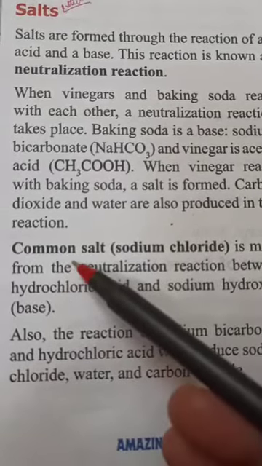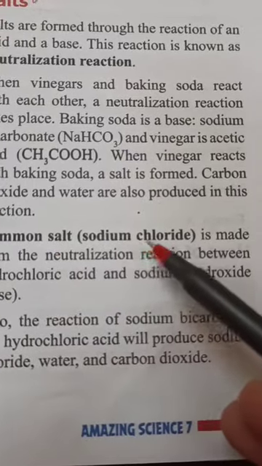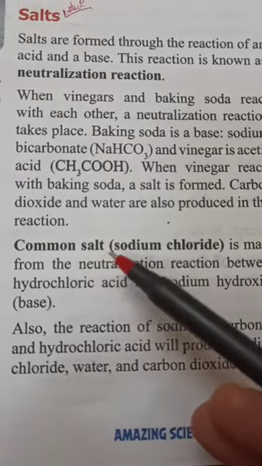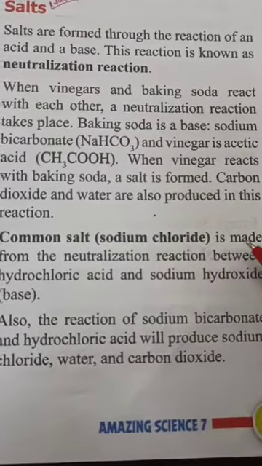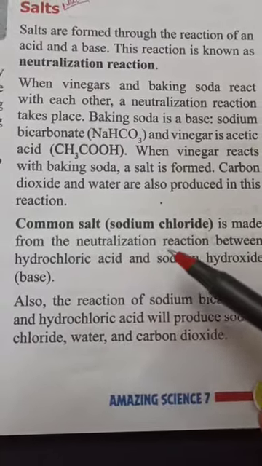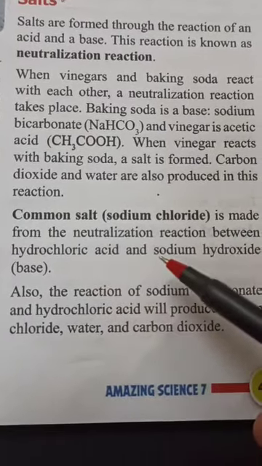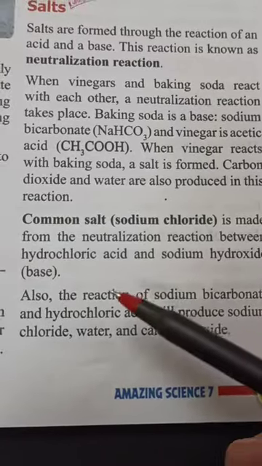So next is common salt, which is sodium chloride. Children, the salt which you use in your kitchen is sodium chloride. It is made from the neutralization reaction between hydrochloric acid and sodium hydroxide.